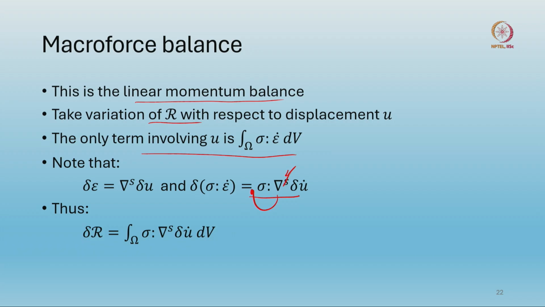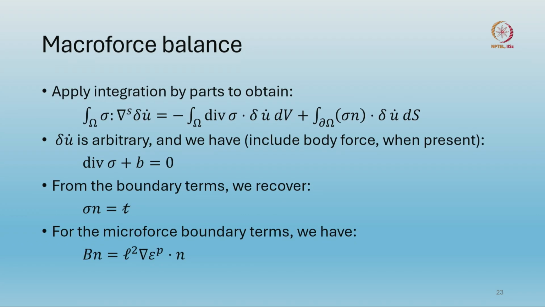So you get the same story, we have been doing it for a long time, we will repeat this here. So this is my two terms by integration by parts. You have got the boundary term and the domain term which is here, based on the arbitrariness of delta u dot, because that is an arbitrary virtual variation as long as it is kinematically admissible.